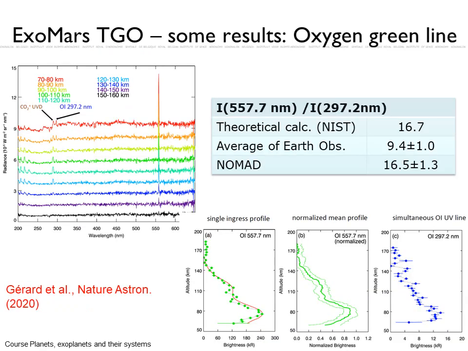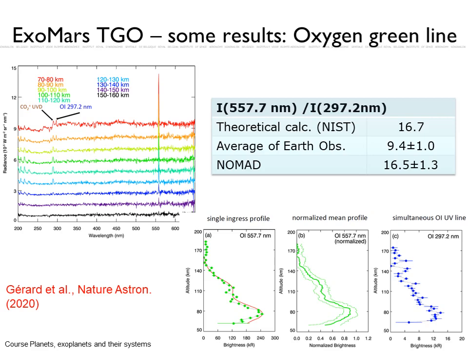The discovery of the green oxygen line was unexpected. This was done using the UV channel of the NOMAD instrument, looking at the limb during the night. Emission lines due to CO2 plus or oxygen around 300 nanometer can be seen here in those spectra and have already been observed by previous instruments.